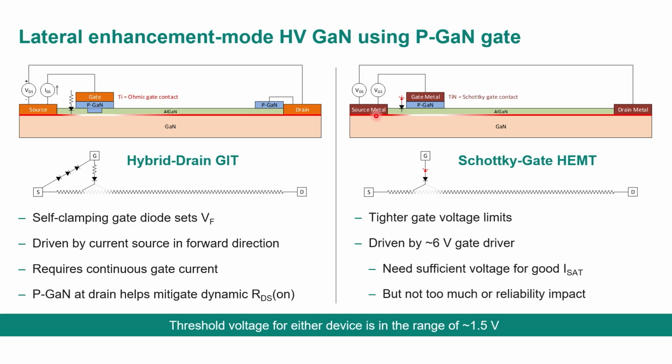You have a source on the left side, a drain on the right side, and a gate somewhere in the middle. The main difference is in how the gate metallization works. With the Schottky gate, you actually have two back-to-back diodes, so when you run it on a curve tracer or try to drive it, it looks capacitive.